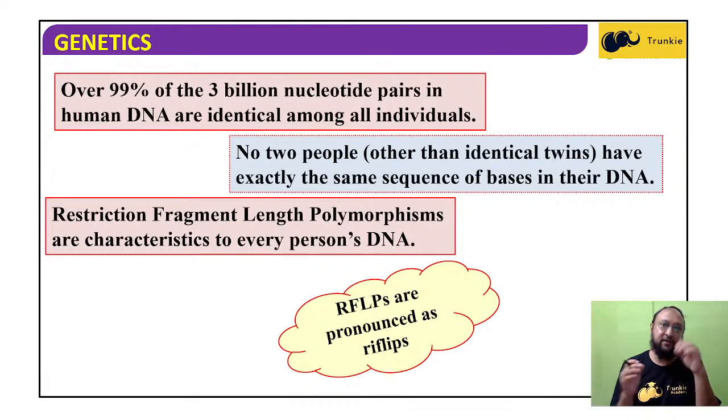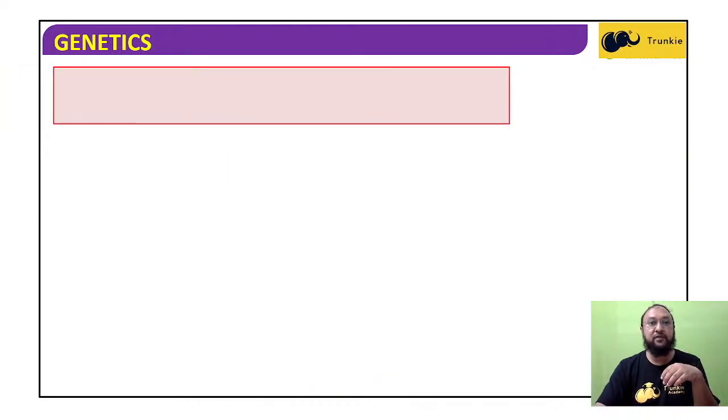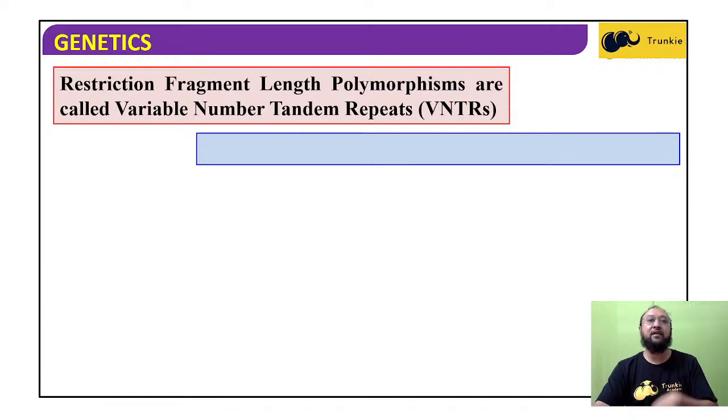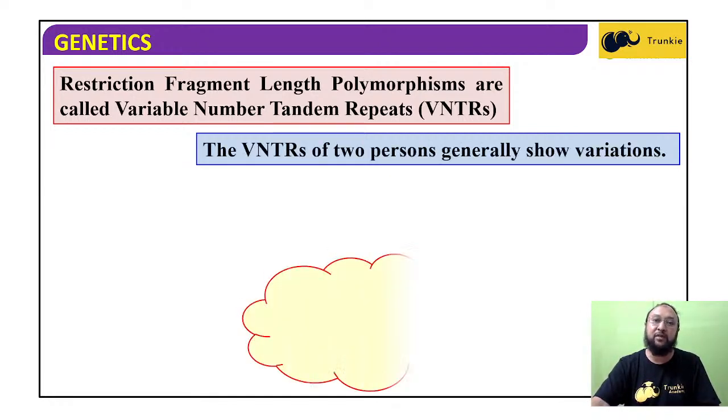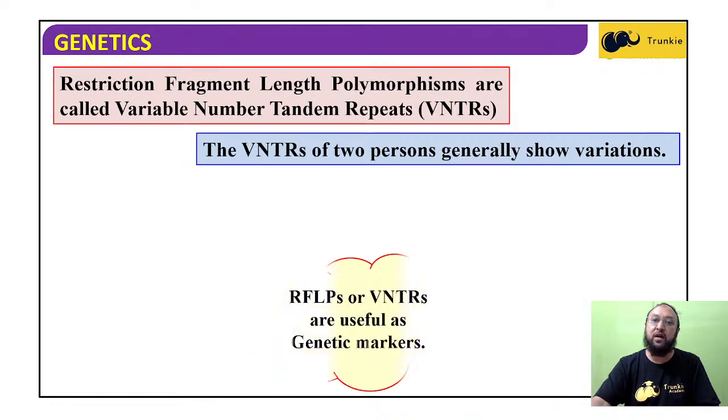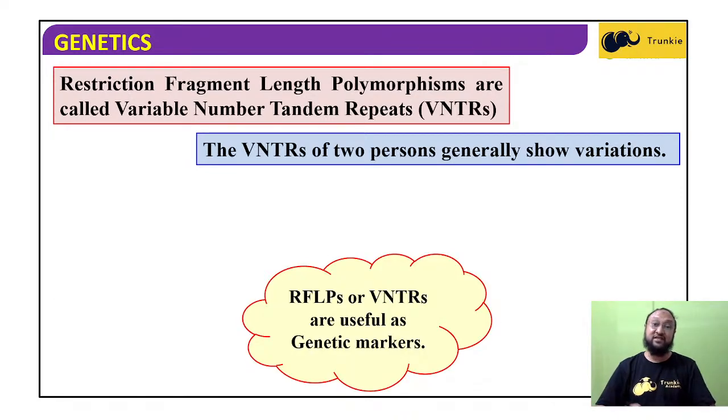Restriction fragment length polymorphism means variable number of tandem repeats, in that 0.1%, how the bases are arranged in sequence. That forms the basis for DNA fingerprinting, and that is called RFLP and variable number of tandem repeats. The variable number of tandem repeats genetically show variation.